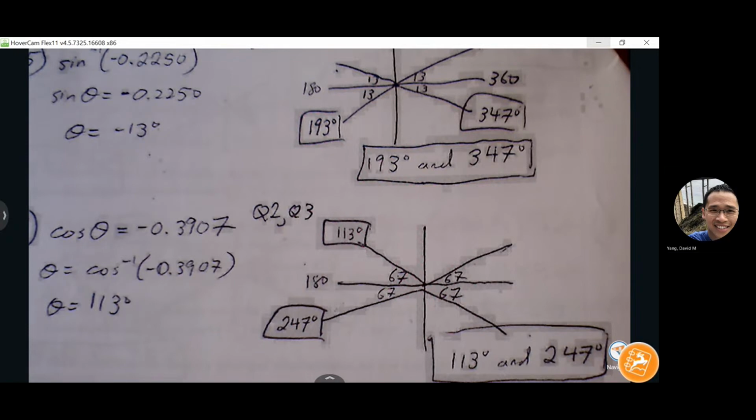Yeah, it has to be a positive degree measure. So if they give you something related to reference angle, you have to kind of find that reference angle before you can get to the third quadrant. Yeah, but reference angle always has to be positive and has to be between 0 and 90.